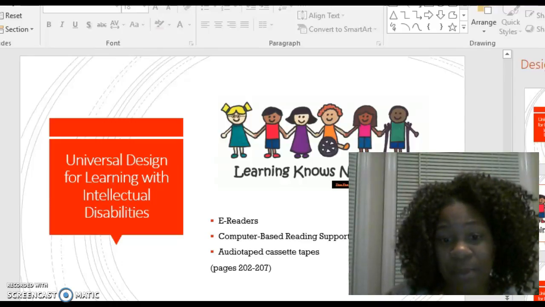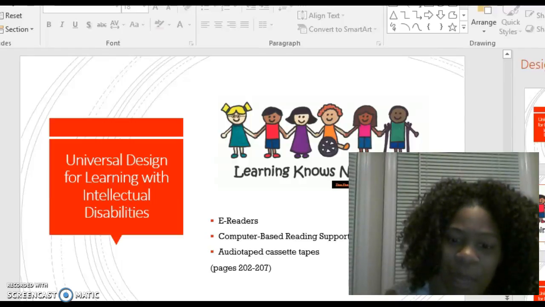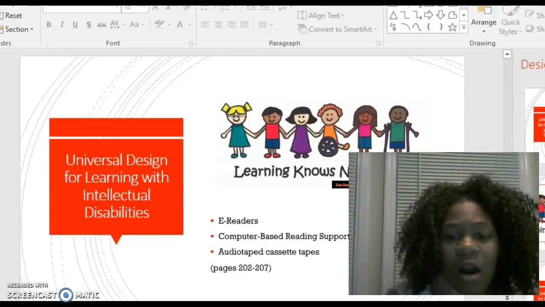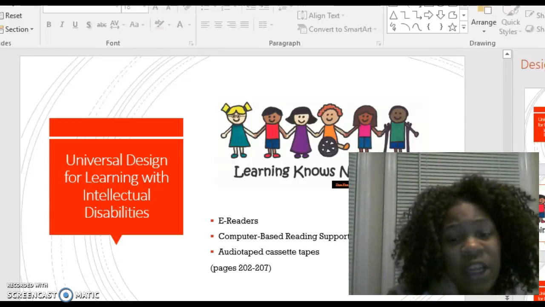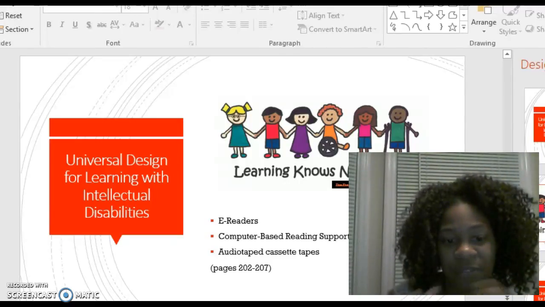Audio tapes and computer-based reading supports were a big thing. However, some of them are very complex as well, so the e-readers give students the chance to be highly visual and give auditory feedback.